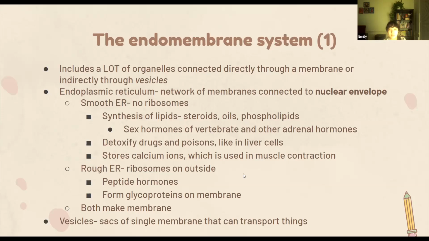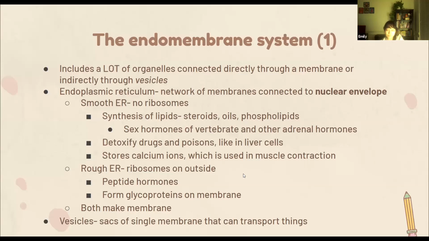Rough ER is the other kind of endoplasmic reticulum. If you have not inferred this already, ER stands for endoplasmic reticulum. The rough ER has ribosomes studded on the outside, as you saw in the last slide. It looks rough. If you touched it, it would feel bumpy and not smooth. This also has different functions.